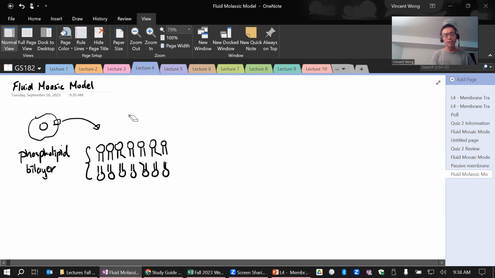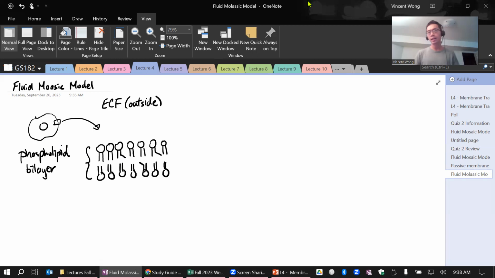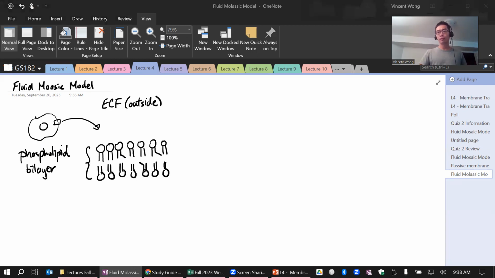Now, this is the outside of the cell. The outside of the cell is called ECF. ECF stands for extracellular fluid. I'll type that in the chat box. Extracellular fluid, ECF. I just don't have space to put it in here.